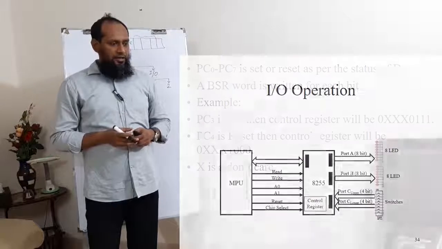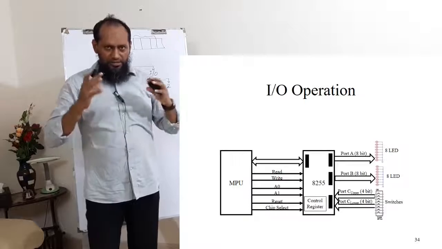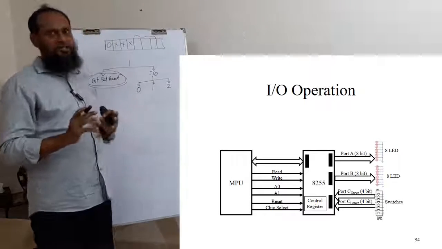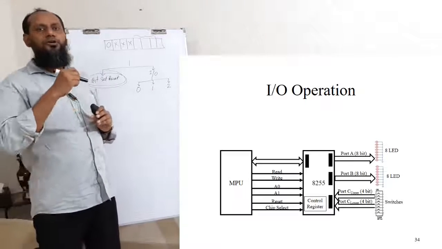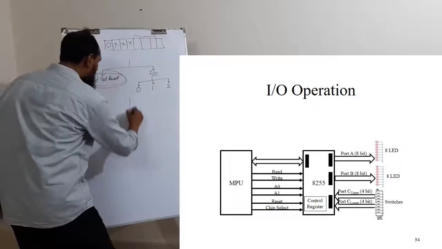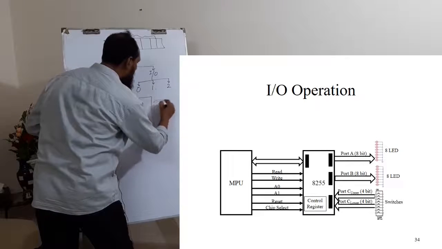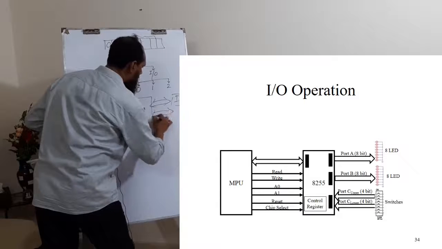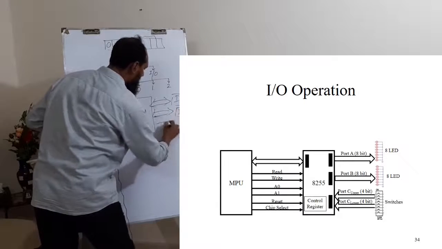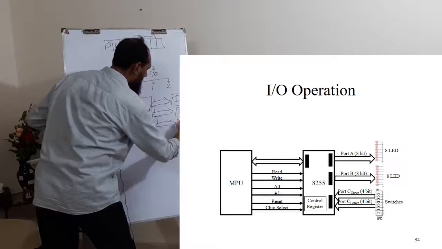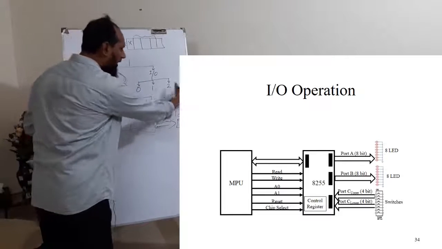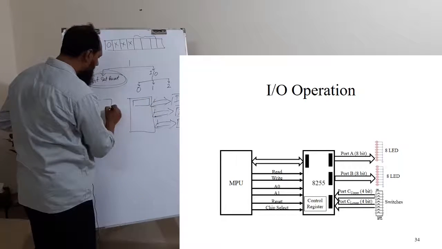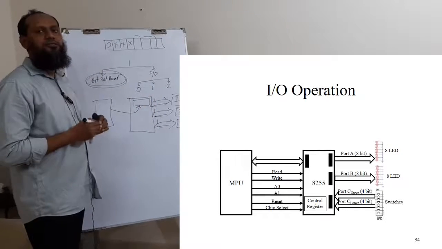Now once again I am reminding you, before performing IO operation, first we have to configure the control word. That means if we want to have something on our ports, before any IO operation, first this control register should be configured.